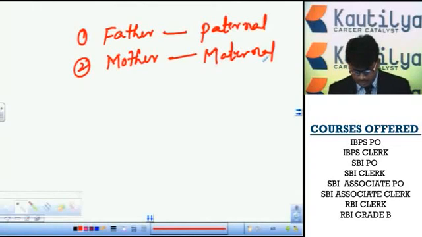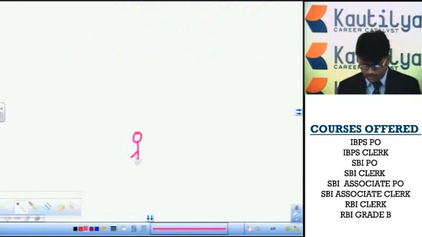For example, if you have to take the blood relation tree, the person is you yourself, here. The person may be male or female, whoever it may be. The person has a parent in the upward direction. That person is called father or mother.